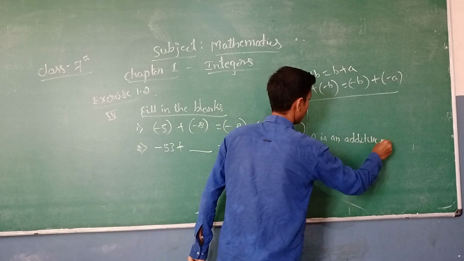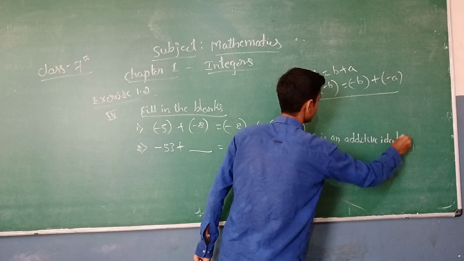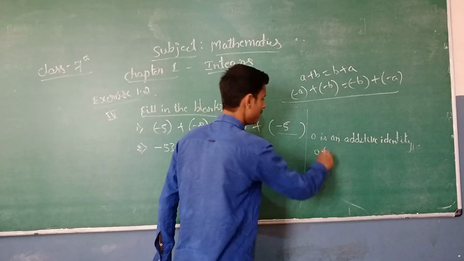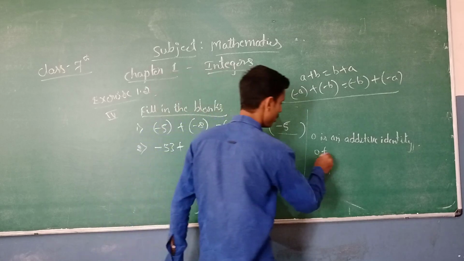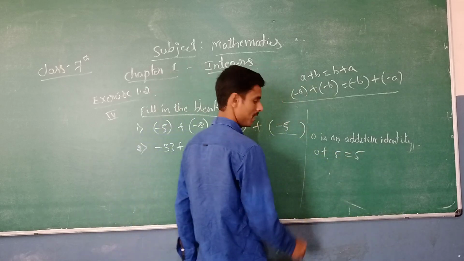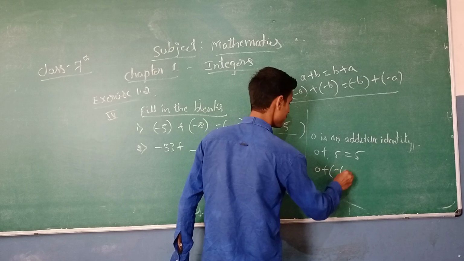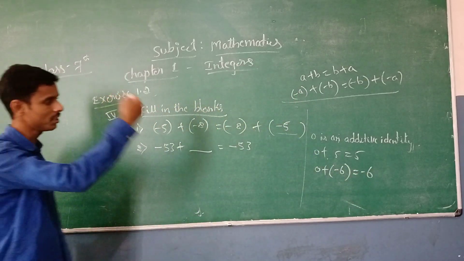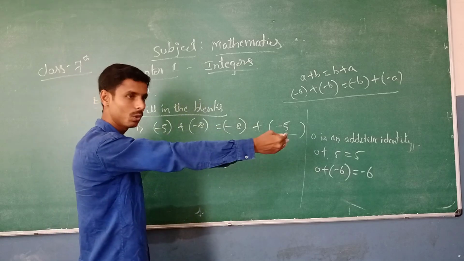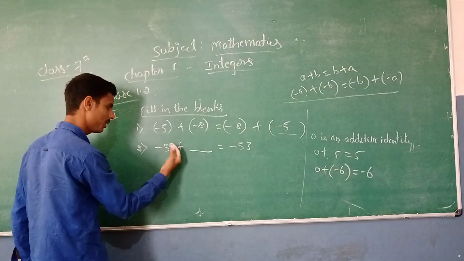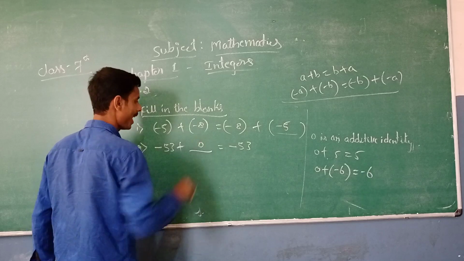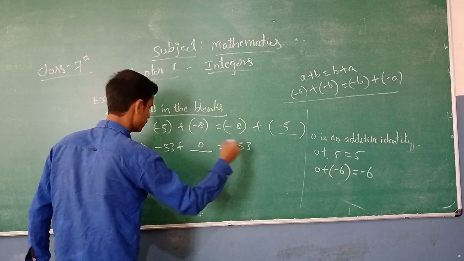That means if we add 0 to any integer, 0 plus 5 is 5, right? 0 plus of -6 is -6, right? If we add any integer to 0, we get that integer only. So -53 plus 0, additive identity we have got, so we will get -53.